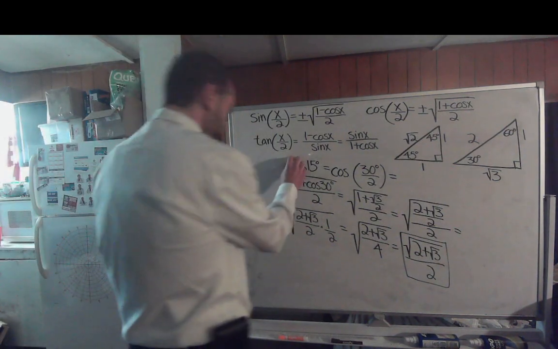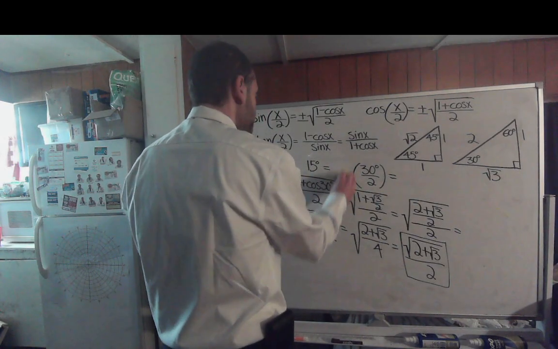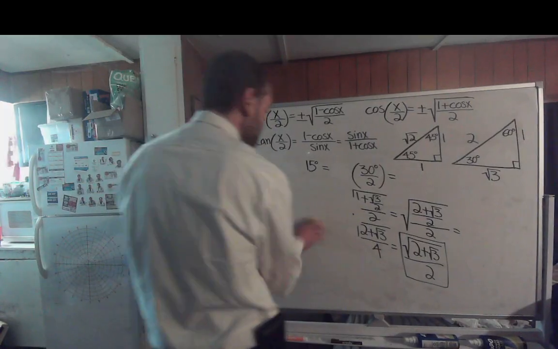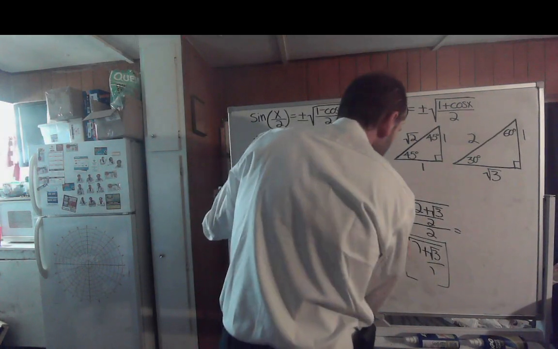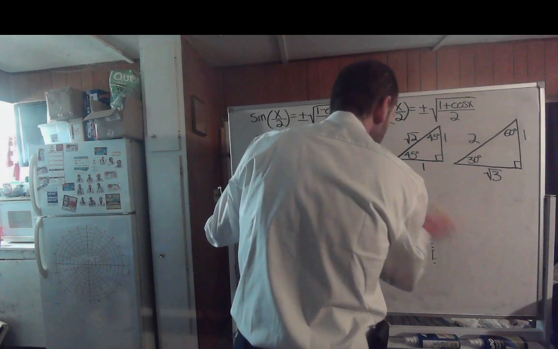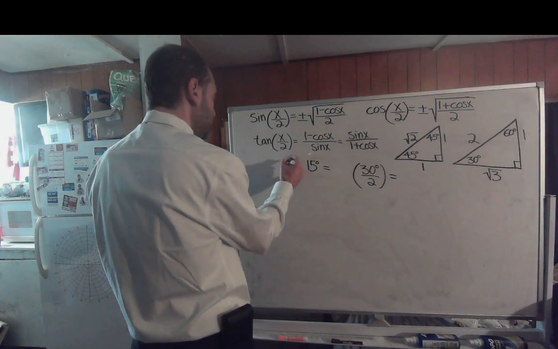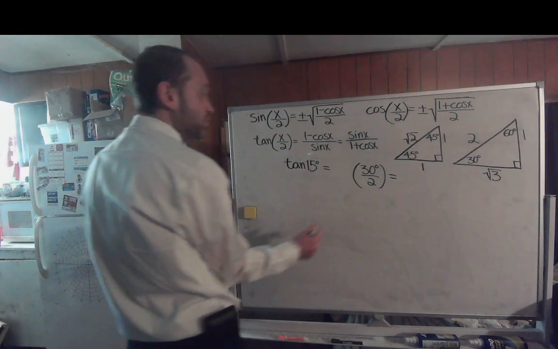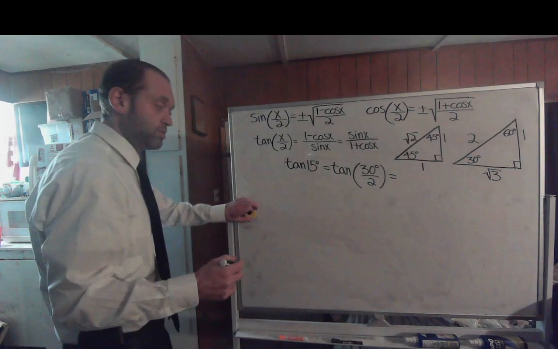And then, of course, you guessed it, we're going to do the tangent of 15 degrees. Alright, so I'm picking the tangent of 15 degrees, which would be the same thing as tangent of 30 degrees over 2.